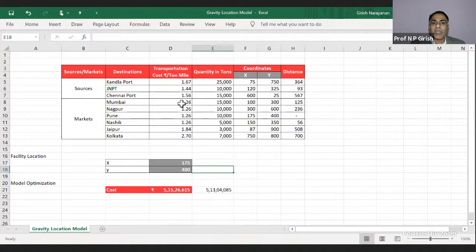Yeah, correct, Mithil. See, that's why this is actually an estimated one. So let's say that now it is 1.7 rough. Yeah, so these things really change. Okay. And the JNPT 1.5.